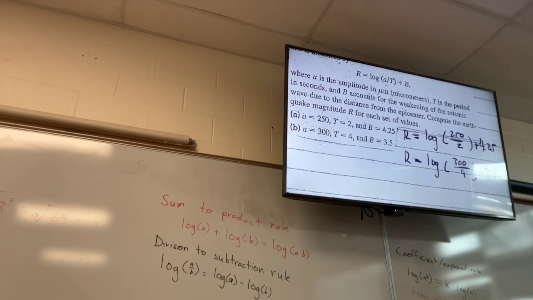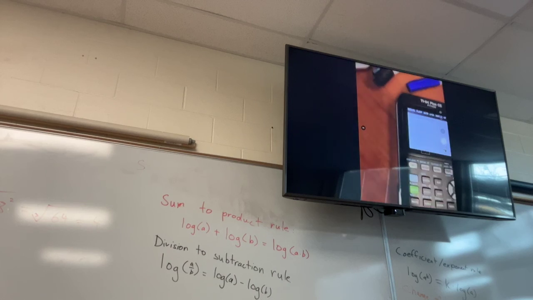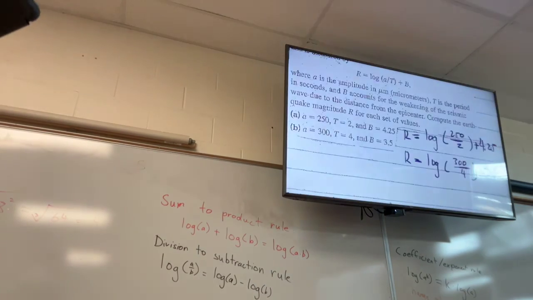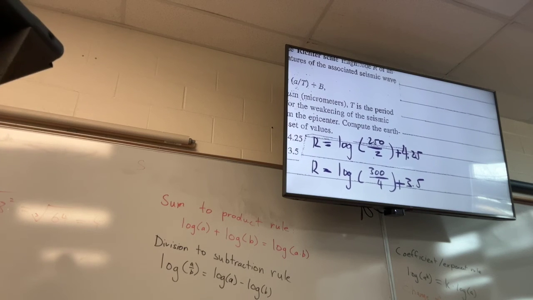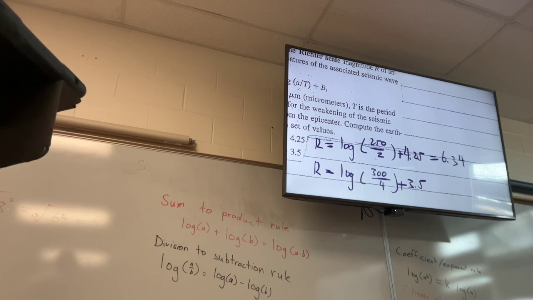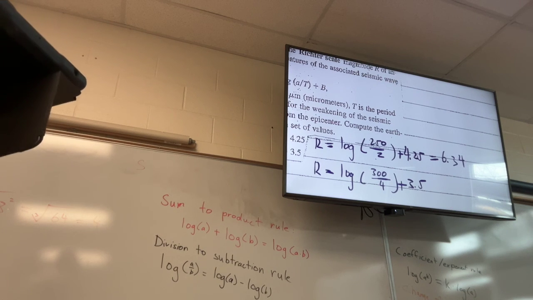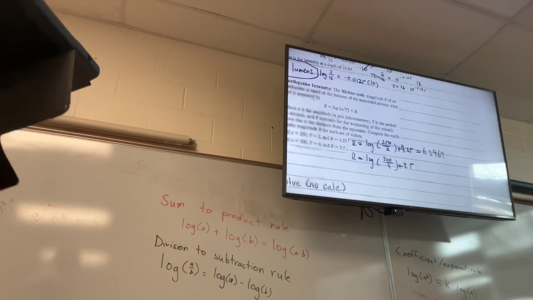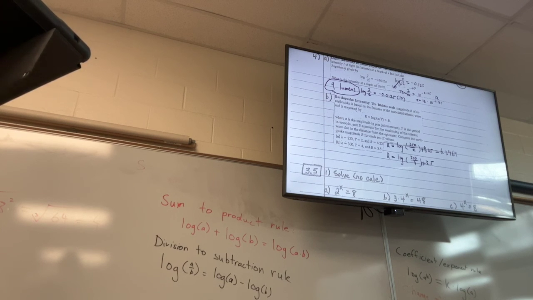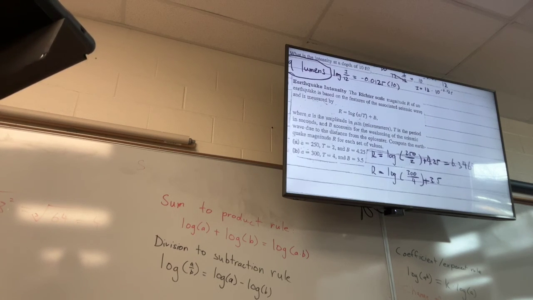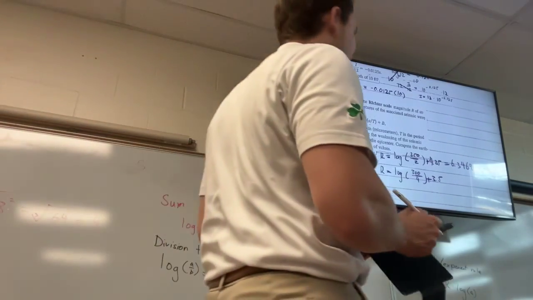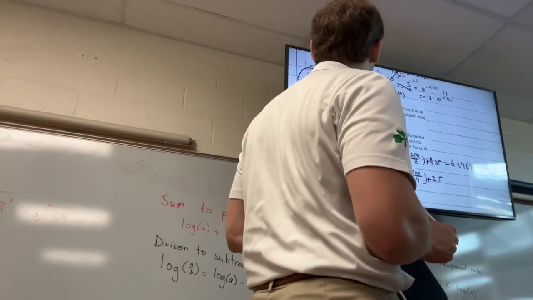So there's the first one. That gives us 6.3469. What are the units for that? What's R? R is just a magnitude. I think it might just be a number. Hey guys, some physical quantities are just a number.